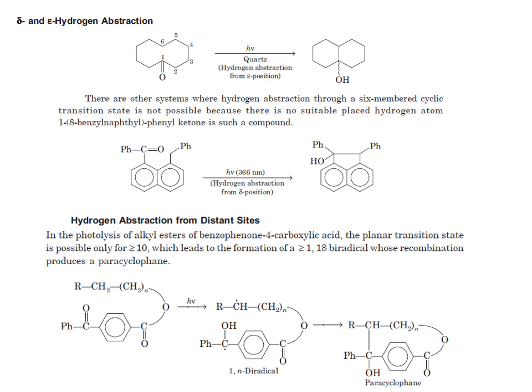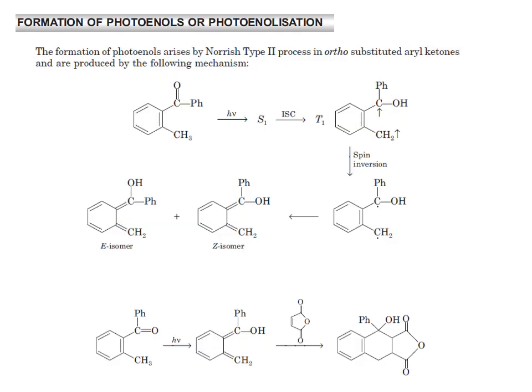So now we are going to discuss the formation of photoenols, or the photoenolization reaction. The formation of photoenols arises by the Norrish Type II process in ortho-substituted aryl ketones and is produced by the following mechanism. Here we can see an example of the ortho-substituted aryl ketone.